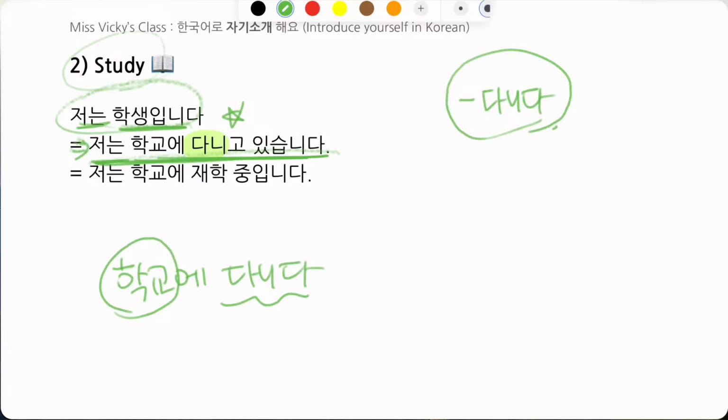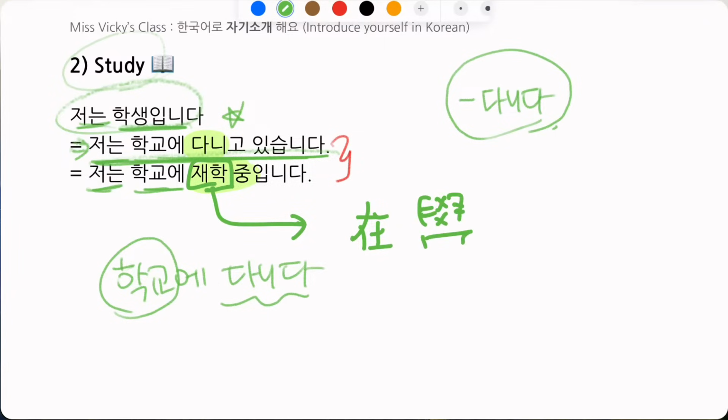Or even more advanced, 저는 학교에 재학 중입니다. Both are used commonly by native speakers. And 재학 중, this word is a Sino-Korean word that comes from this 한자 and this 한자. So it literally means you are present, you're currently at school.